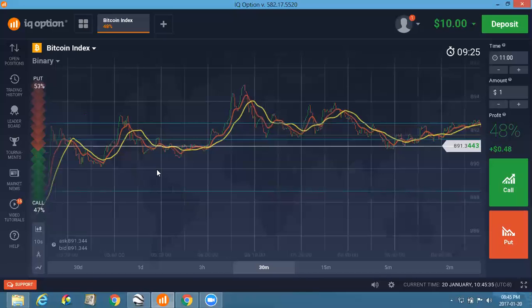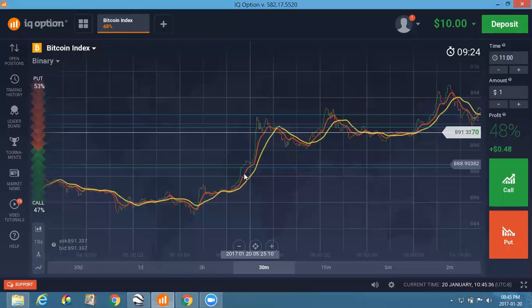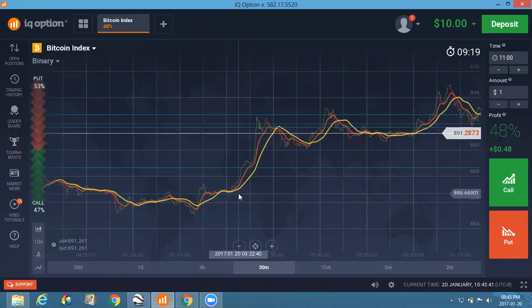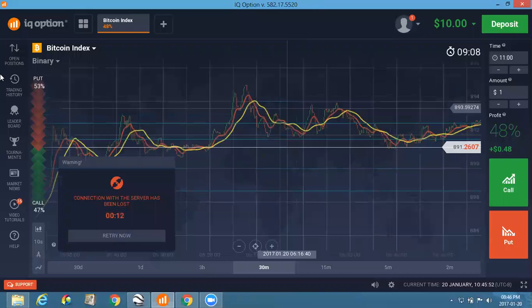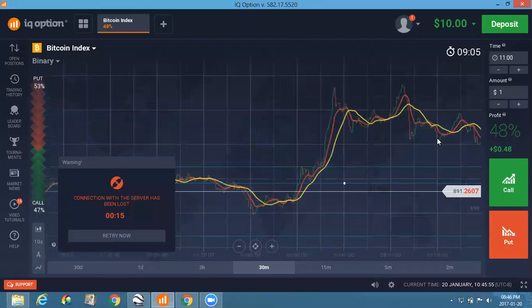So when it's above the SMA, we're only looking for buy opportunities. The only way we can start looking for sell opportunities is when the EMA crosses over below the SMA. Then we can start looking for sells. I hope everyone understands that.